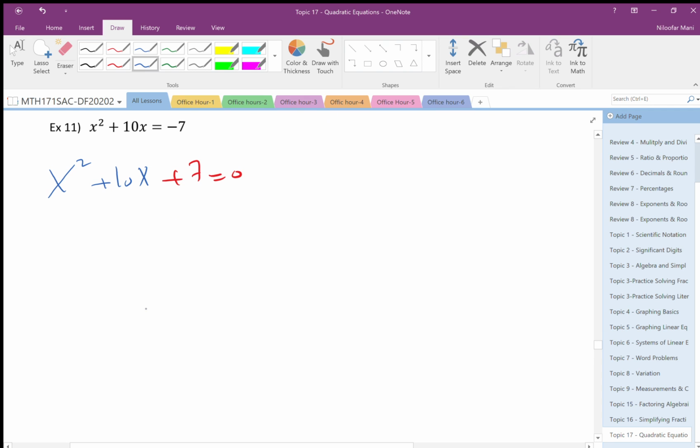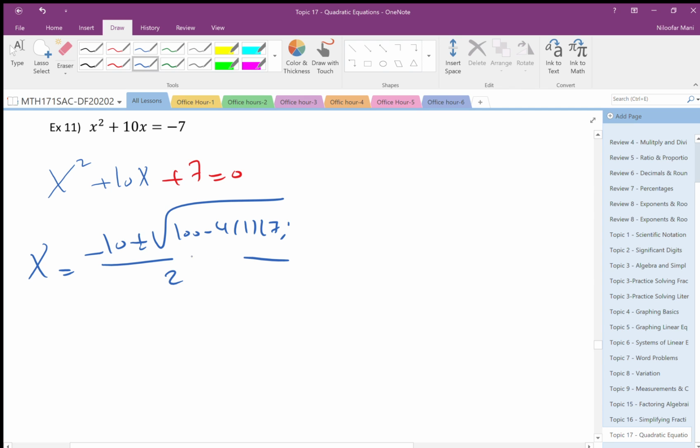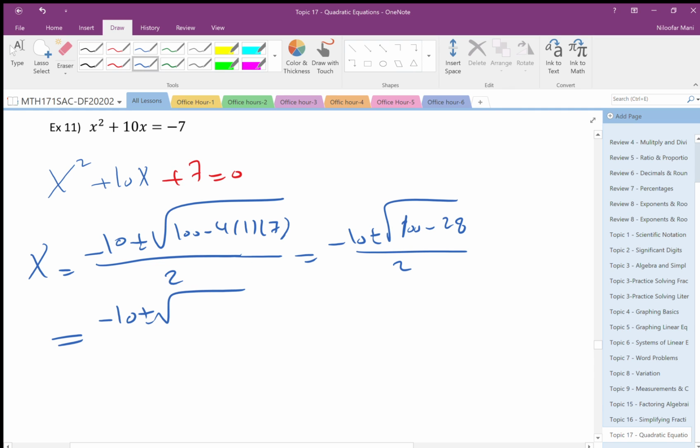When you use the formula, x equals, so maybe I just write b here, minus 10 plus minus radical 100 minus 4 times 1 times 7, over 2a, a is 1, equals minus 10 plus minus radical 100 minus 28, over 2, which is minus 10 plus minus radical 72 over 2.